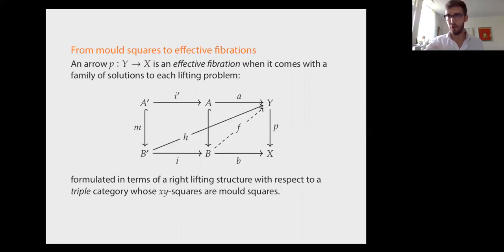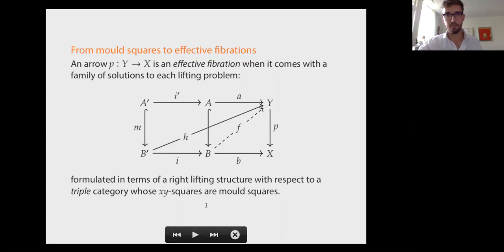And this actually should not be formulated in terms of existence. It should come as a structure, and we can formulate this as having a right lifting structure with respect to some triple category, whose xy squares are mold squares.